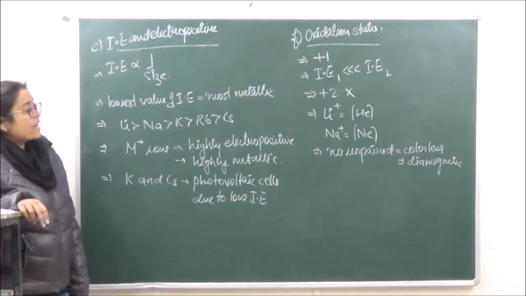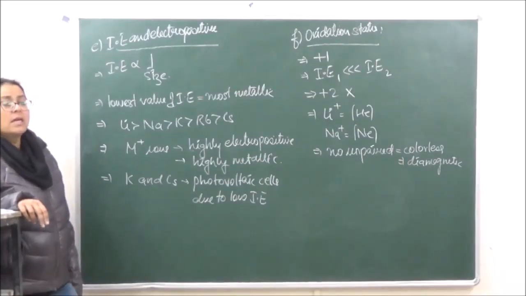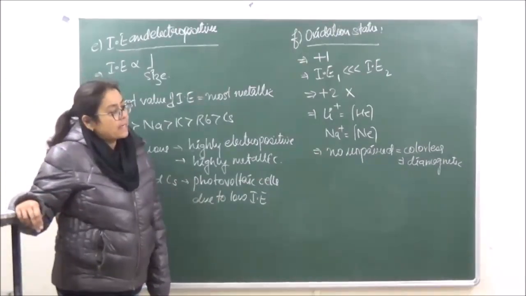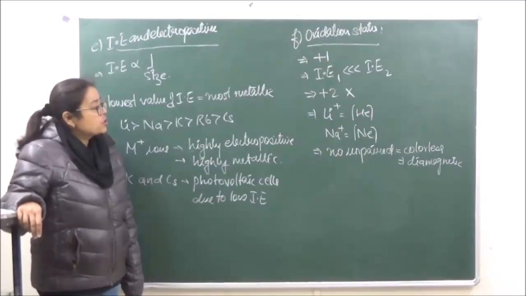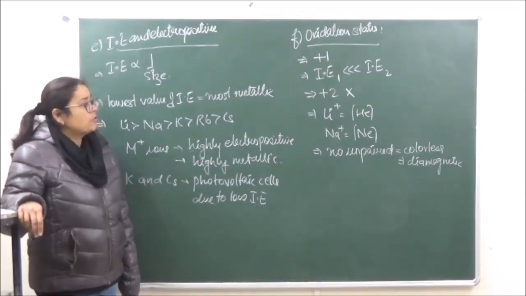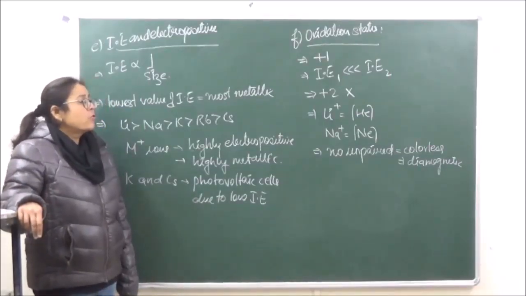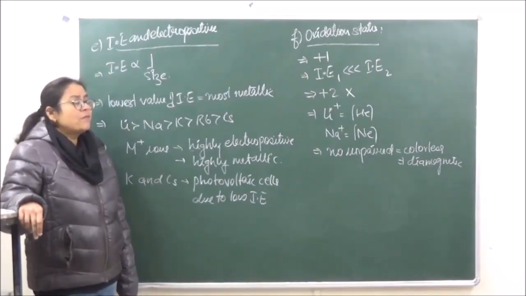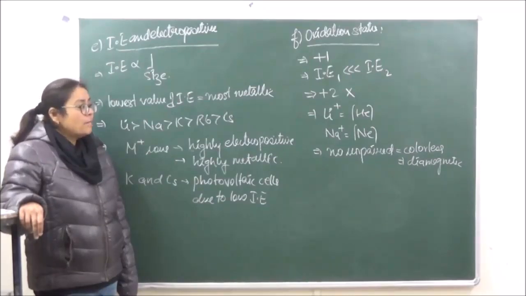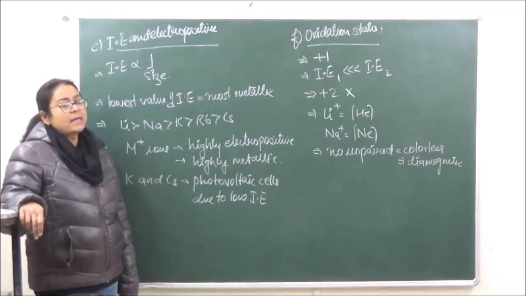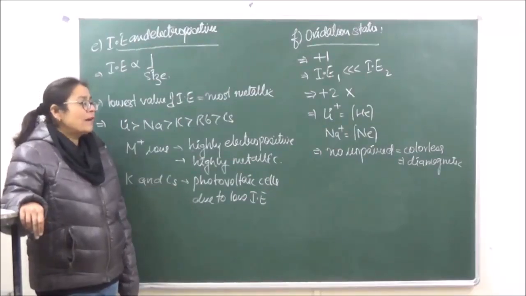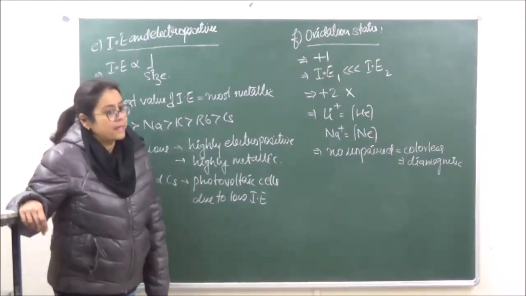And all those which have all paired electrons are repelled by the magnetic field and are diamagnetic in nature. So over here, just by losing one electron, if you're talking of Li+, it is going to have a noble gas electronic configuration, which has all paired electrons. So all paired electrons, therefore it is going to be diamagnetic. As a result, if you keep it in the magnetic field, what is going to happen? It is going to be repelled by the magnetic field.